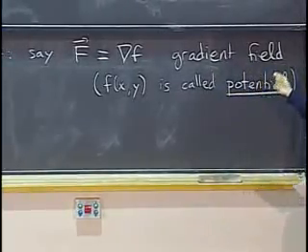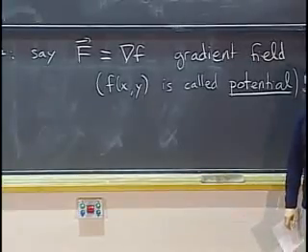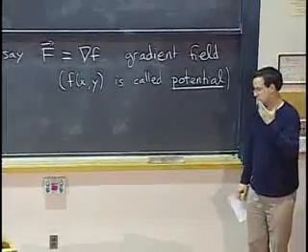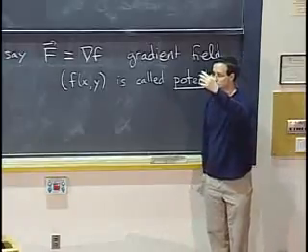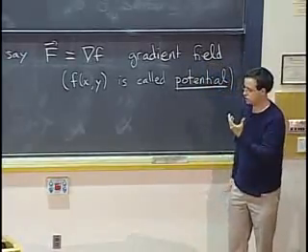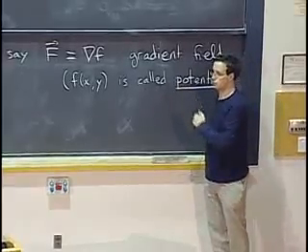The reason is, of course, from physics. You know, in physics, you call potential, well, electrical potential or gravitational potential, or potential energy, this function of position that tells you how much energy is stored somehow by the force field, and its gradient gives you the force.